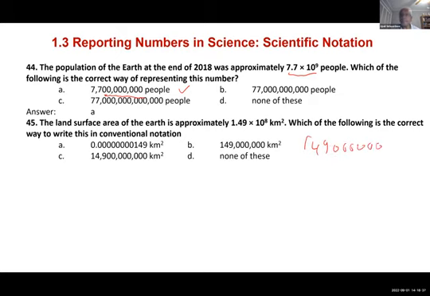Why 6 zeros? You move here, here. 2 already gone. 8 minus 2 is 6. Therefore 6 zeros after 149. Which one has the 6 zeros? That one. Therefore the correct answer is B. Do you see that?